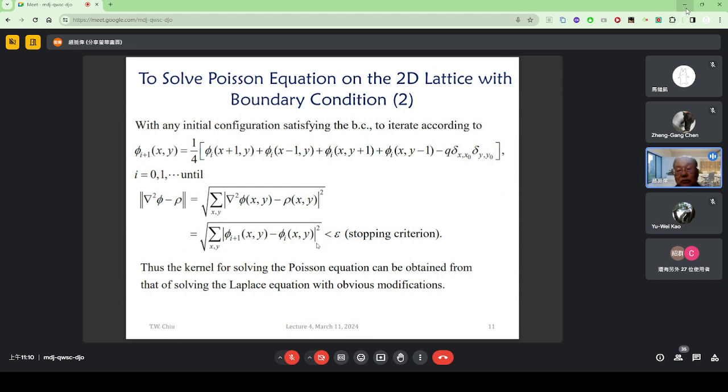But in general, if you have any other matrix, and you put everything on one side, instead of phi i plus 1 equal to the average of the neighbors, the difference could be easily generalized to any other cases.